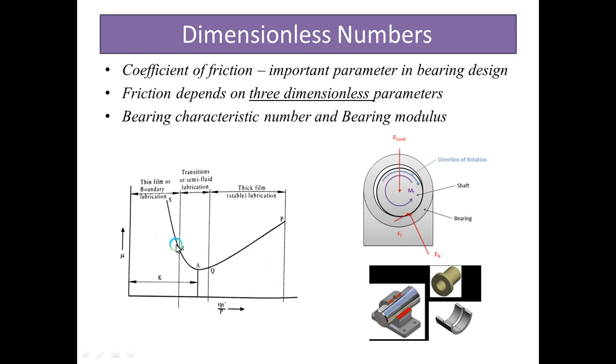So that is how we can define two dimensionless numbers. One is the bearing characteristic number eta n dash by p, and the bearing modulus represents the critical value where there will be metal to metal contact between two surfaces.